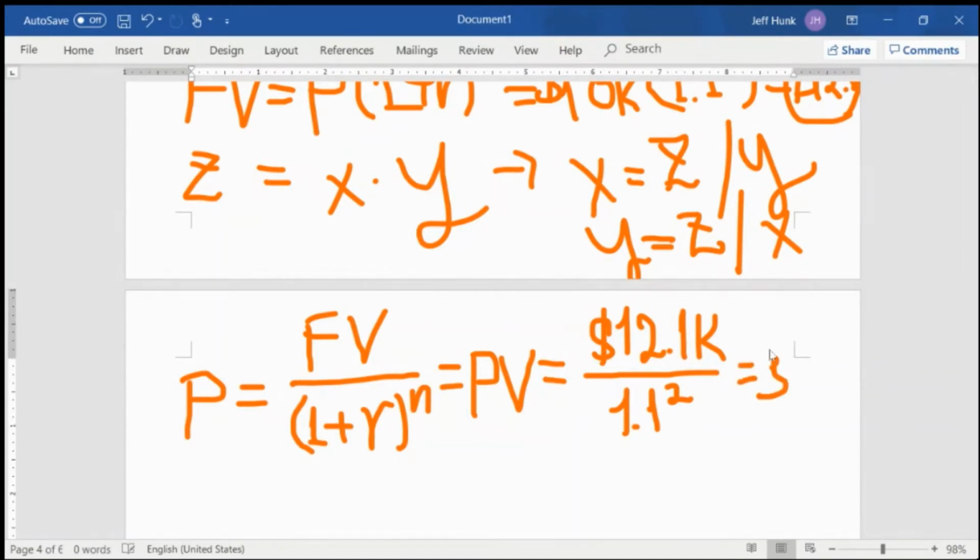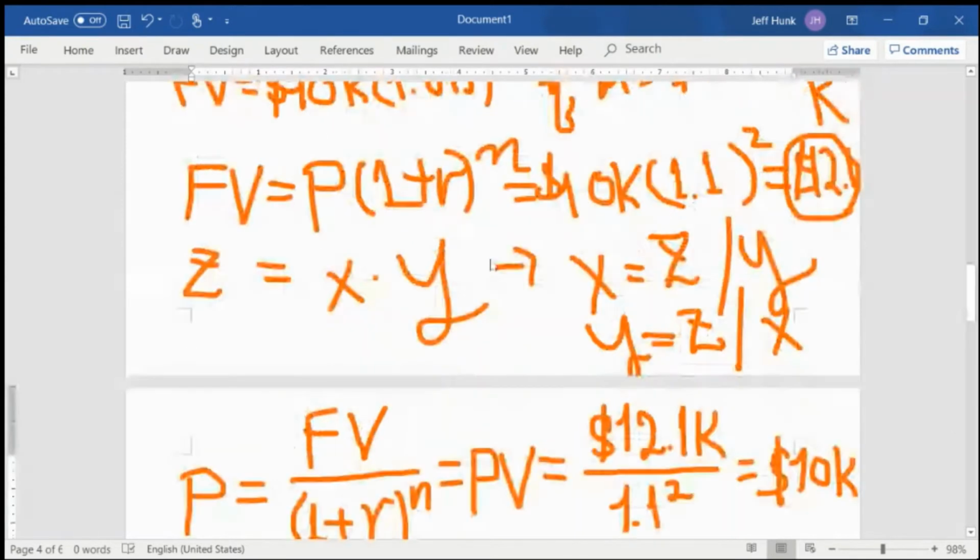Now, if you think about it, this is a reverse process of compounding, isn't that right? We started from the compounding formula, and compounding is basically a process to find the future value.